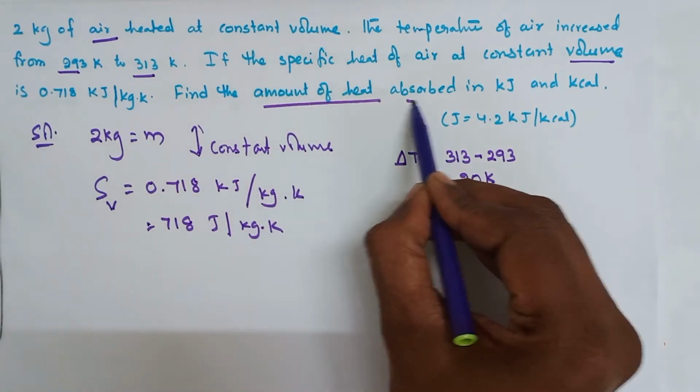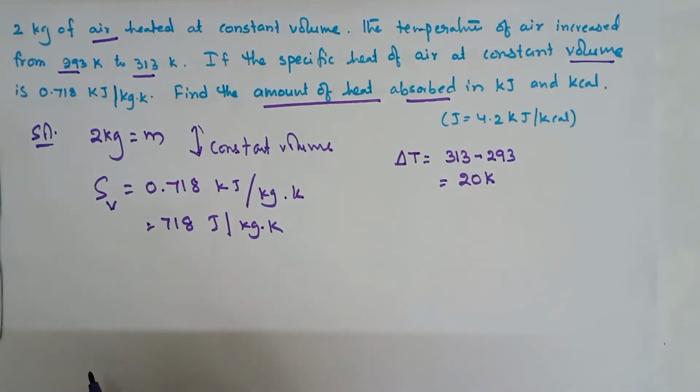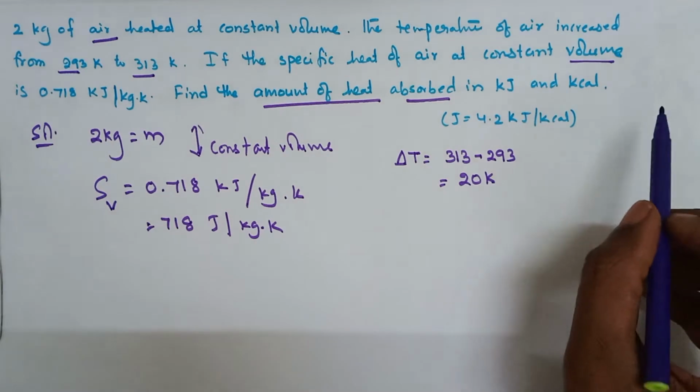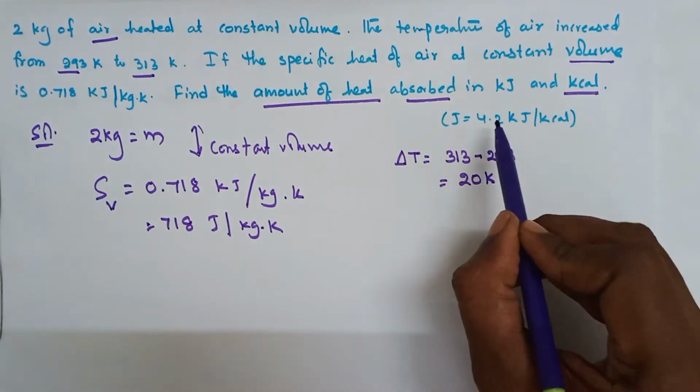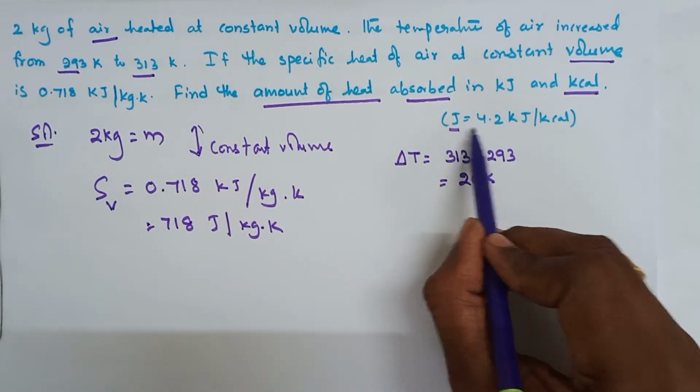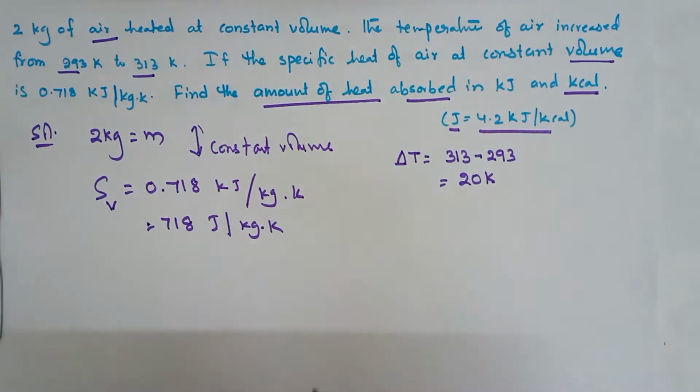Find the amount of heat absorbed in kilojoules, as well as in kilocalories. The conversion is 4.2 kilojoules per kilocalorie.